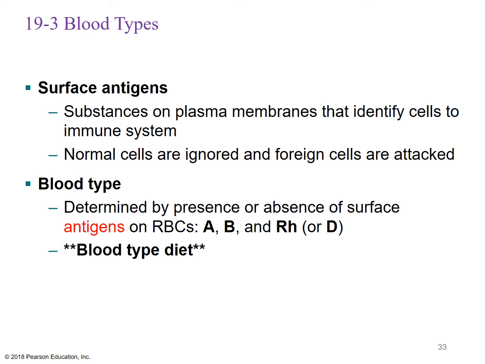So it's really more so about getting your system to not freak out when different foods are introduced into the body because they have the same or similar type antigens to what are being presented on your blood cells.